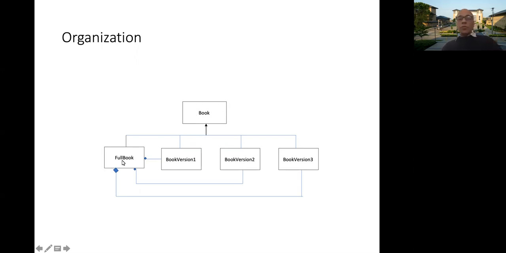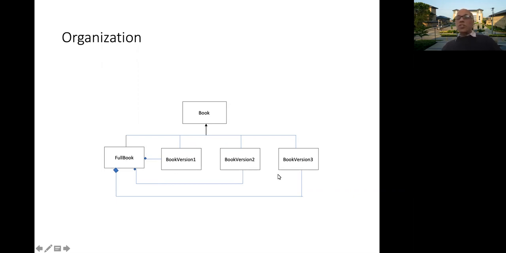So every full book remembers the corresponding objects, and these objects also have references to their full book, so that if you need a field, let's say the title, you can get it from full book. So version 1 can get the title of the book from full book.